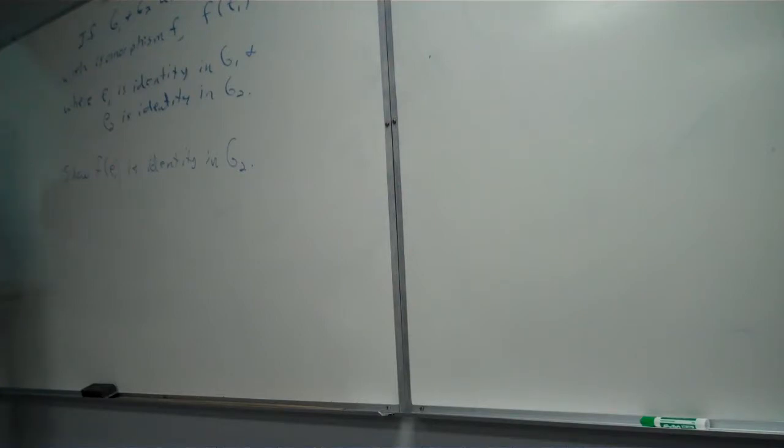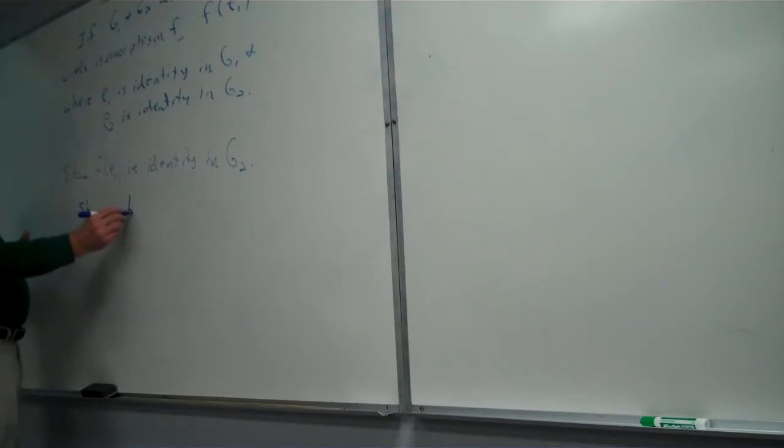Well, how do we do that? How do we show something's an identity? As we think about this, what do we need to show to show that an element's the identity? What does the identity do? It doesn't change anything.